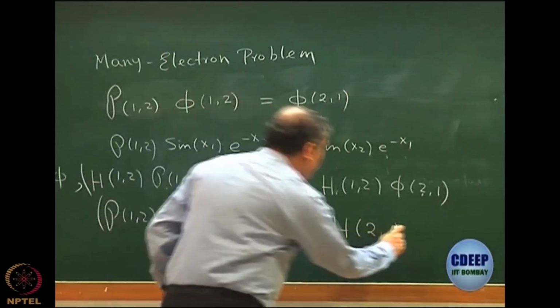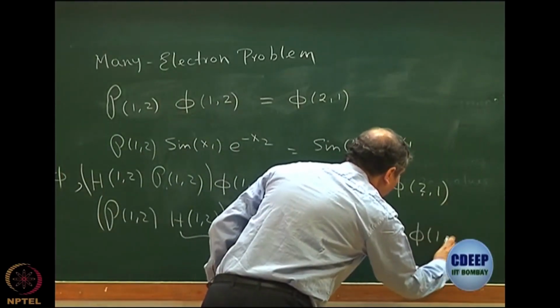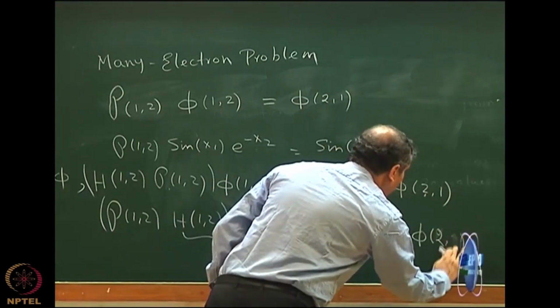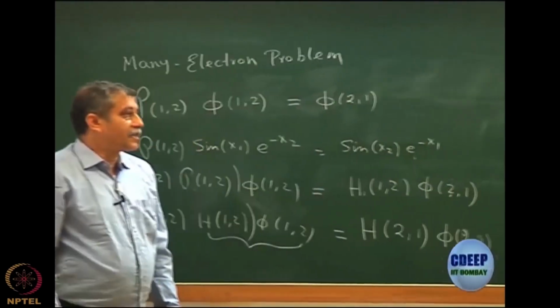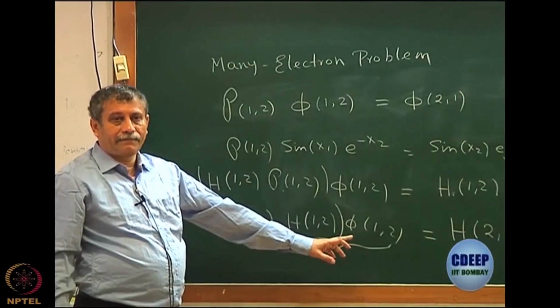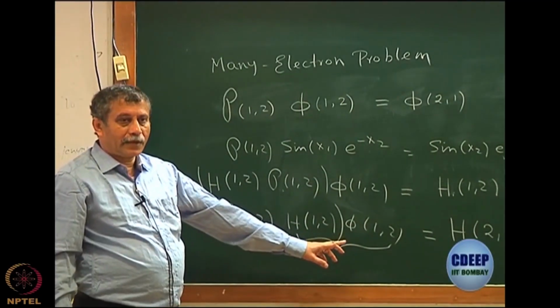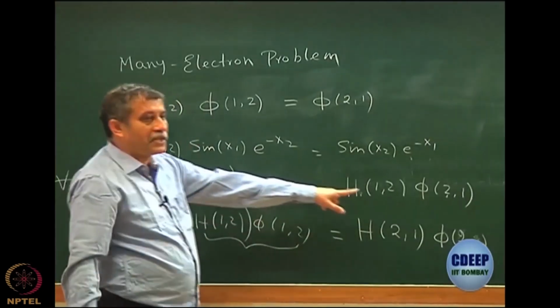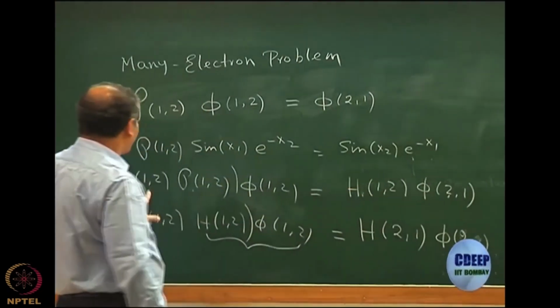So, both the coordinates of 1 and 2 are interchanged in the Hamiltonian as well as on the phi. Okay. So, both of them will be interchanged, and here only one of them has been interchanged, the other has remained as it is.